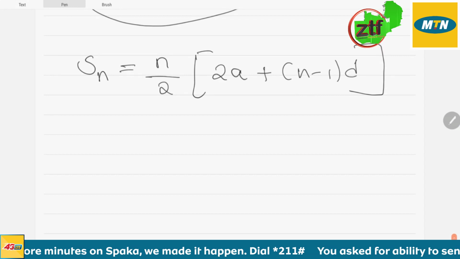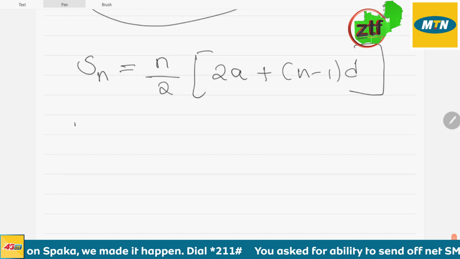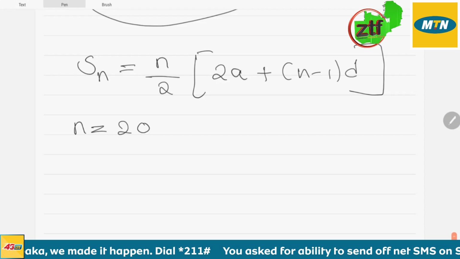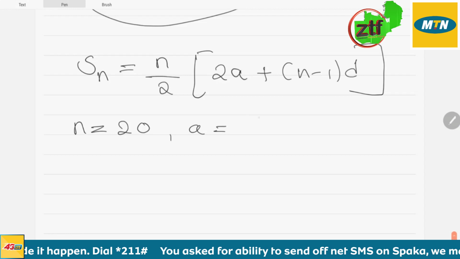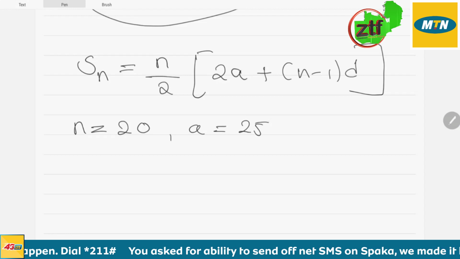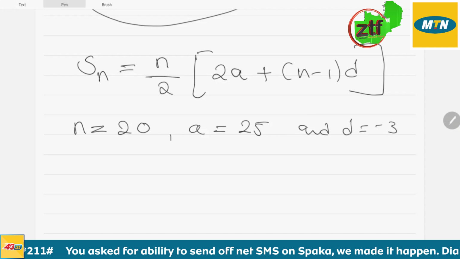Since they want us to find the sum of 20 terms, n will be equal to 20, our a is equal to 25, and d is equal to minus 3.